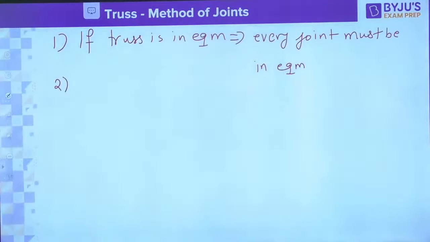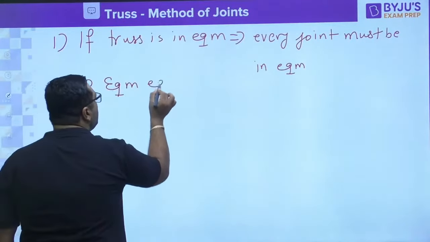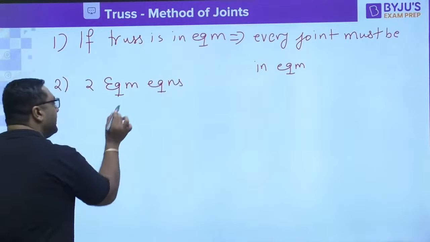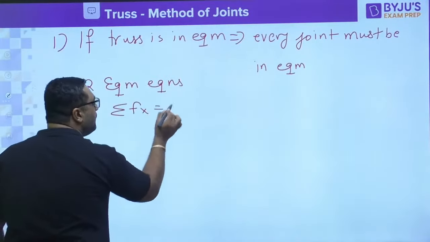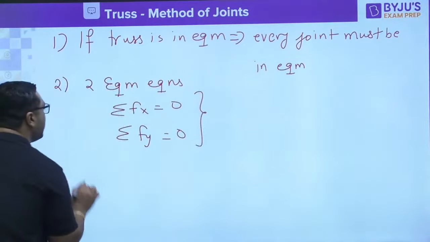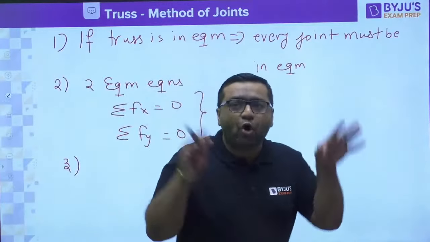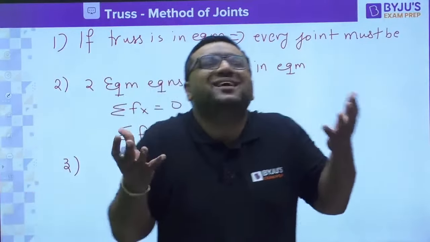So this is the first thing. The second thing is there are two equilibrium equations for every joint. One is summation Fx equals 0, the other is summation Fy equals 0. And the third point I have told you is that support reaction calculation is not a compulsory step.